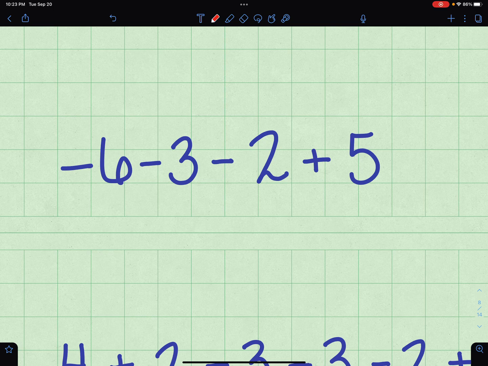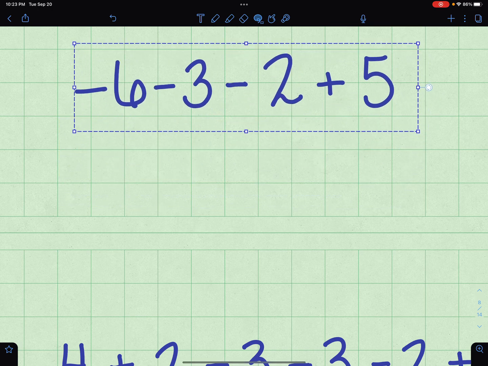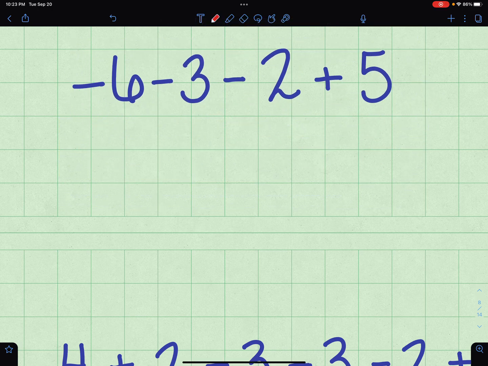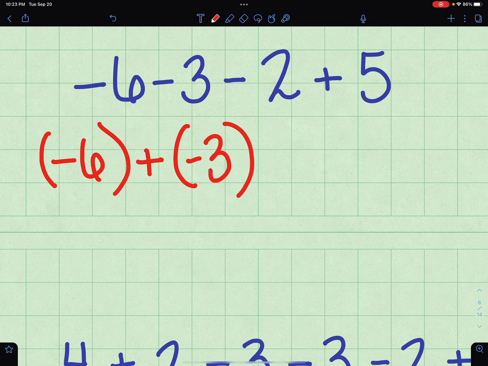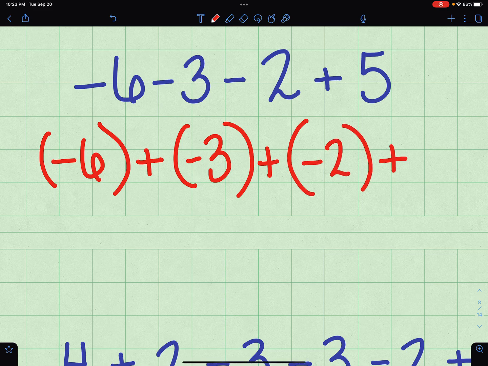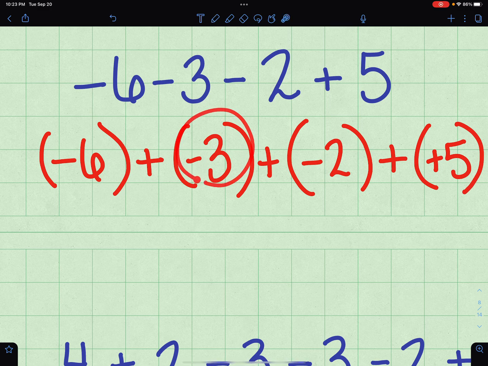To add parentheses to this, I'm going to have to rewrite it because that's kind of complicated. So it's going to be -6 plus -3 plus -2 plus +5. So basically what you do is you separate the numbers. You give the number the sign of whatever sign comes right before it.